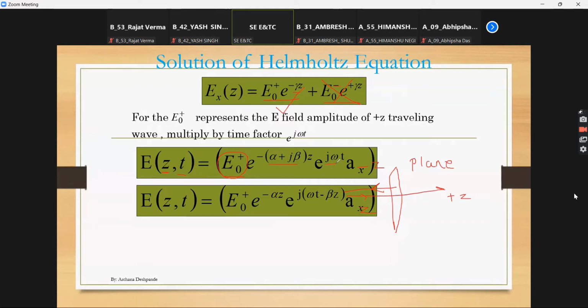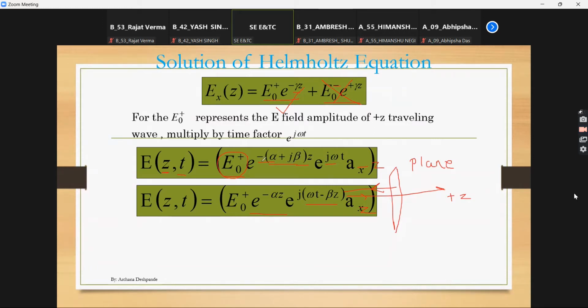j omega. The j part, j beta z and j omega t, I have combined here, and the real part I have put aside. So e raised to minus alpha z is taken here, and e raised to minus j beta z and j omega t is combined here. j is common to both, so I took j outside.